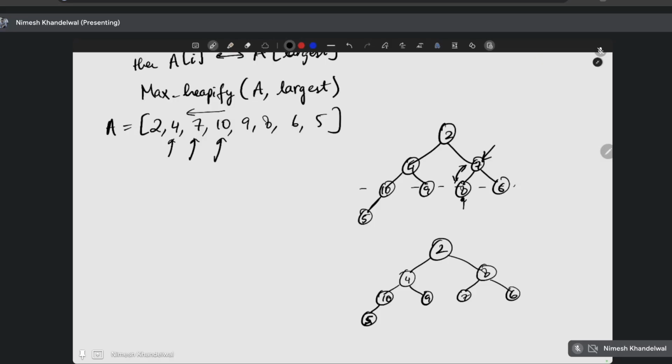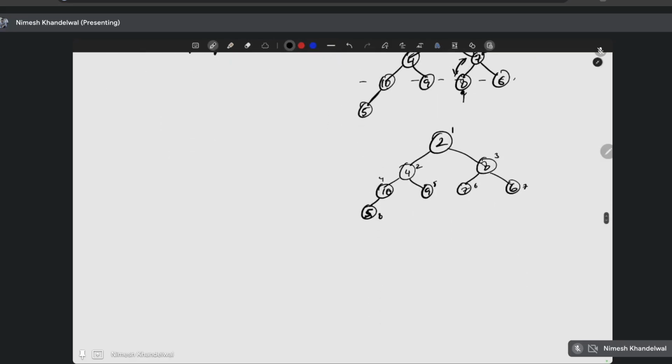The next one is 4, right? So at index 2, of course, it is not following the property. So we swap this.